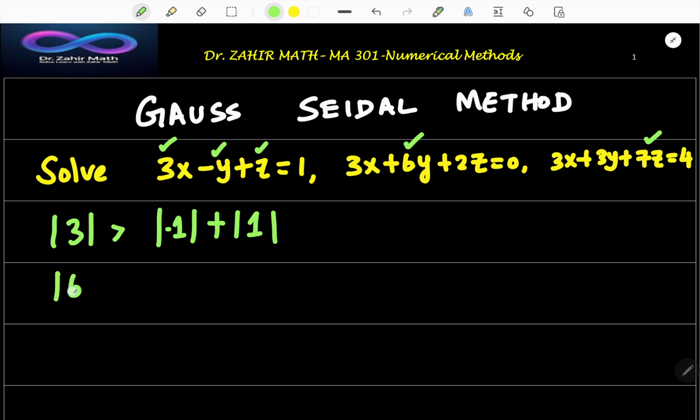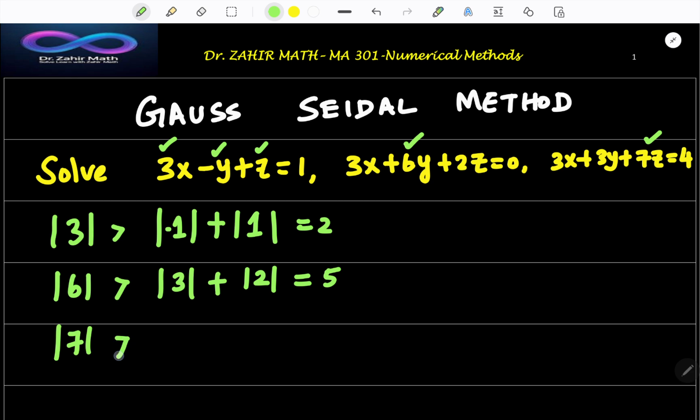The second one, the absolute value of 6 is more than the absolute value of 3 plus the absolute value of 2, which is 5. The next is the absolute value of 7 is more than the absolute value of 3 plus the absolute value of 3, which is 6. So first you need to verify whether this condition is satisfied or not.